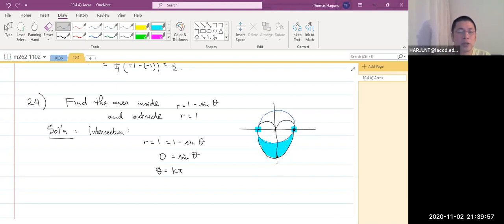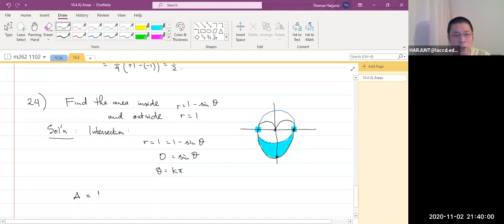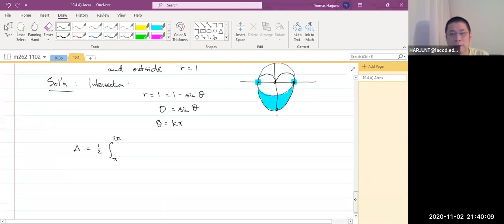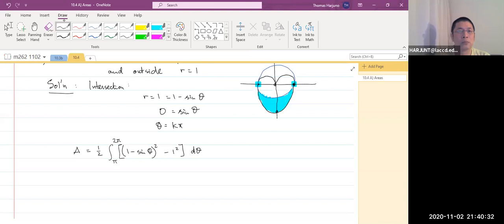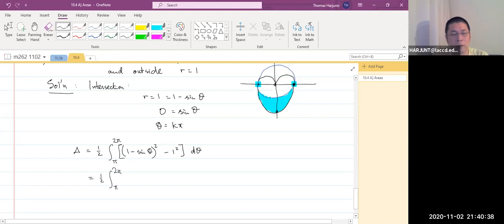Okay, so the area will be 1/2 integral from pi to 2 pi of the one outside, 1 minus sine theta squared, minus the one inside, which is 1.